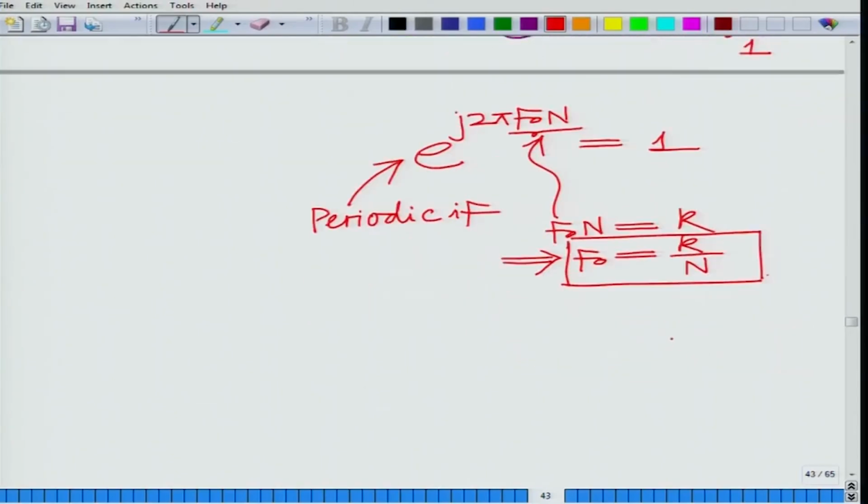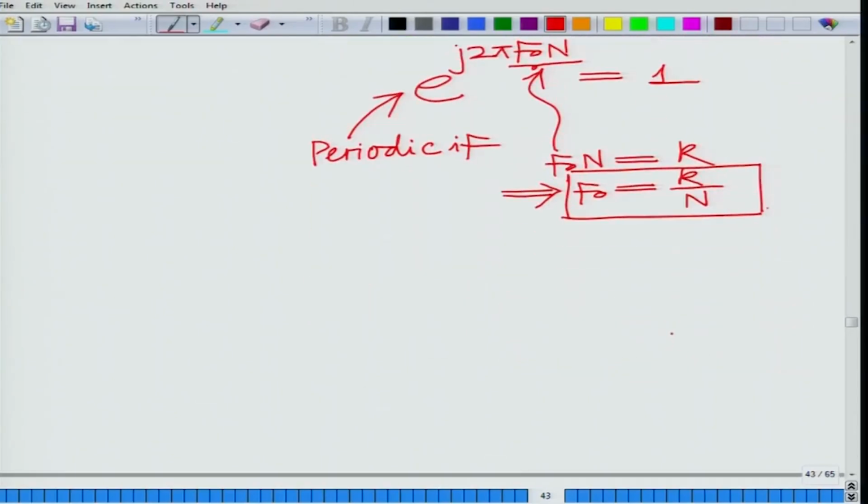Okay. So, the condition for periodicity of the discrete time exponential is that f naught must be equal to k over N, which is a rational number.